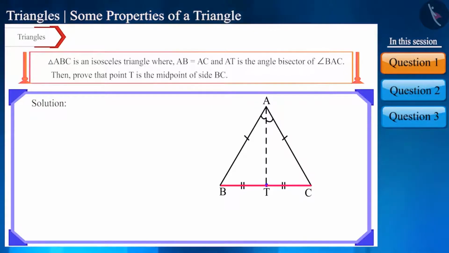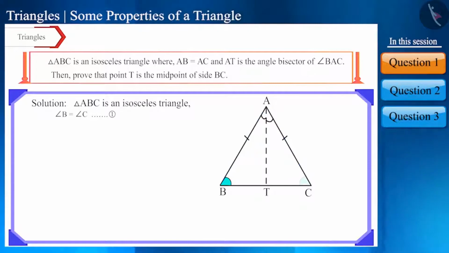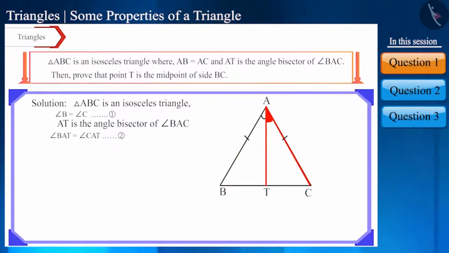It's given that triangle ABC is an isosceles triangle. Therefore, angles opposite to its equal sides, angle B and angle C, will be equal. And according to the question, AT is the angle bisector of angle BAC. Therefore, these two angles will be equal. Now look at triangles BAT and CAT.